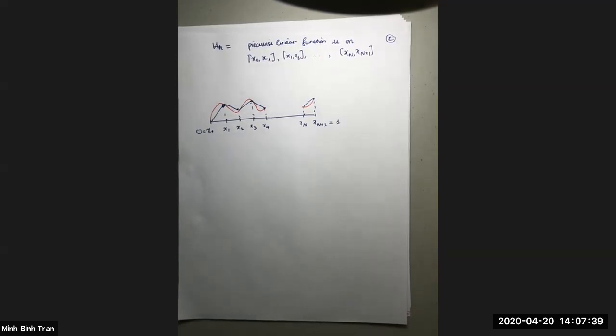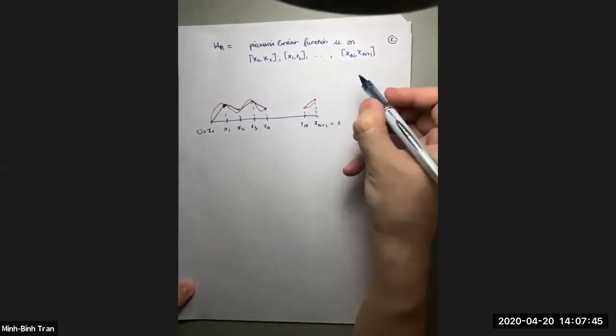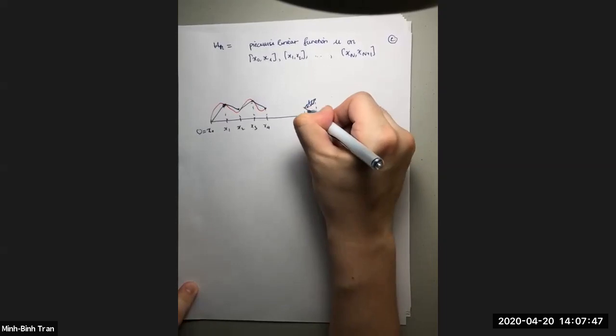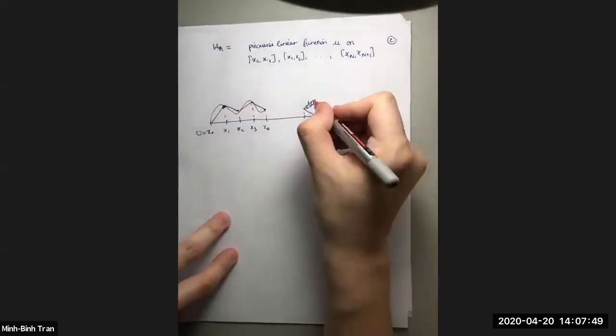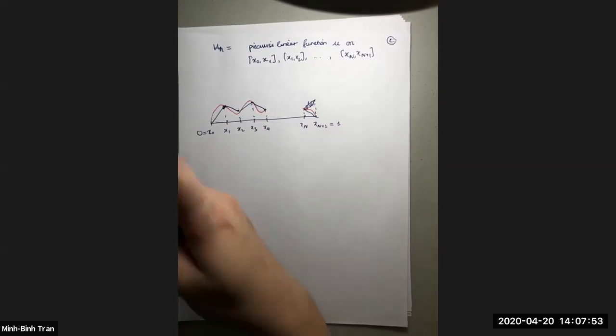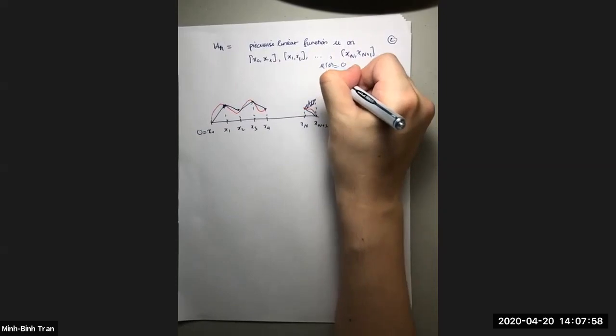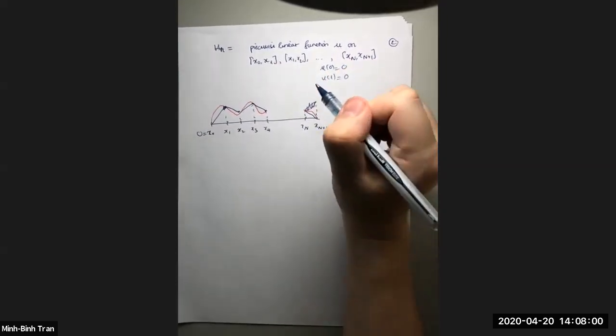All right. But of course, those functions have to satisfy the condition that it has to be 0 here. So there was a mistake in the picture. So basically, you have to satisfy the condition that u at 0 is 0 and u at 1 is 0, right?